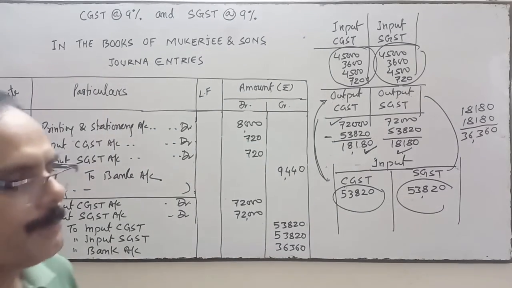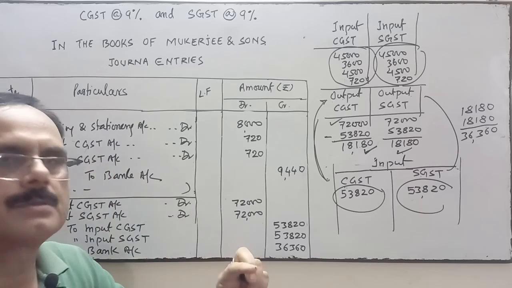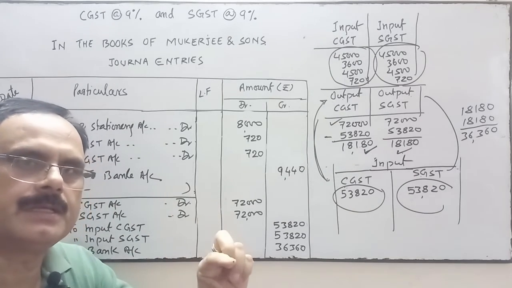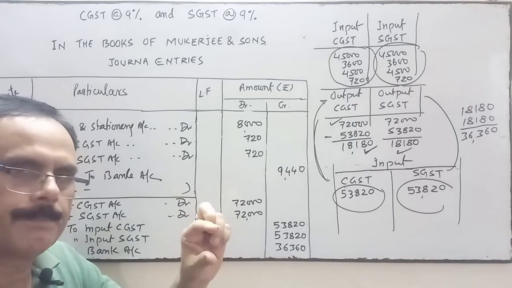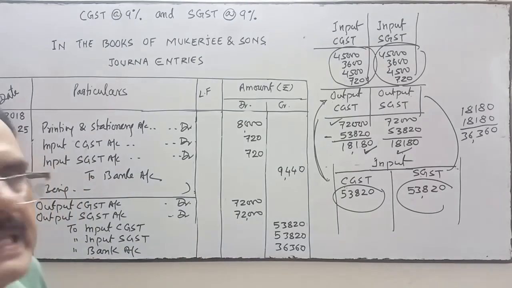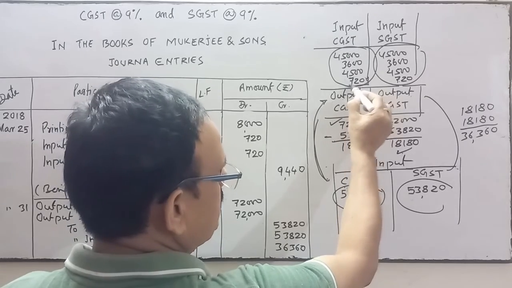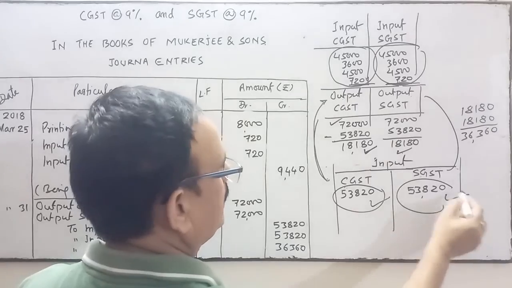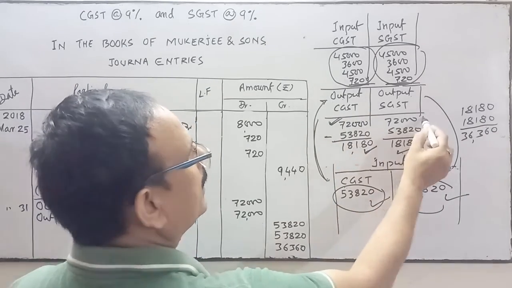So on March 31st, payment made of balance amount of GST. How will we calculate the balance amount of GST? Output CGST and output SGST amount will be used to compensate the input CGST and input SGST. The output CGST total is 72,000.